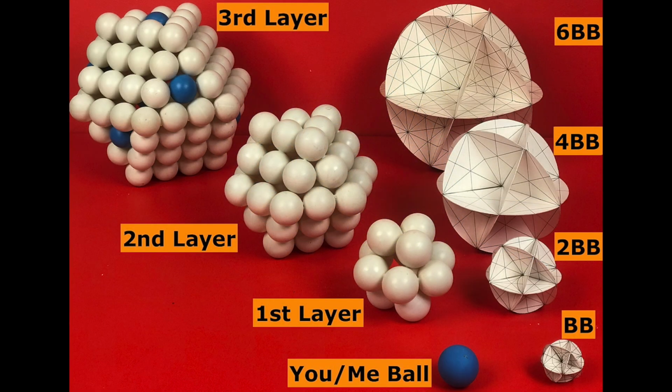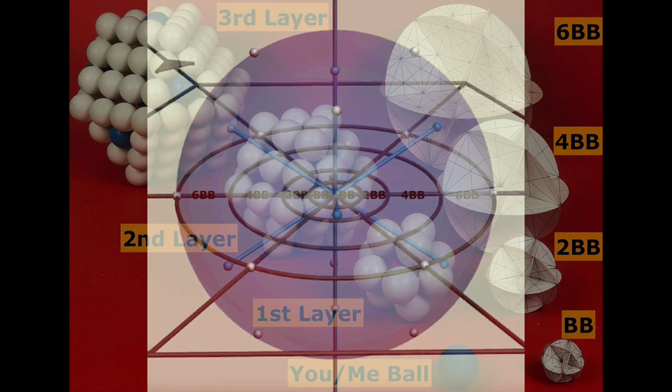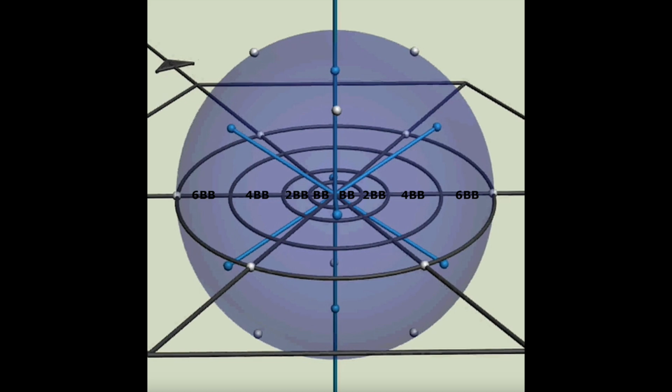I have defined 3 layers of closest packed spheres as the first cycle of spherical growth. Looking at the equator, you can see 6BB is divided into 1/3 divisions. 2BB equals 4 centimeters, 4BB equals 8 centimeters, and 6BB equals 12 centimeters.